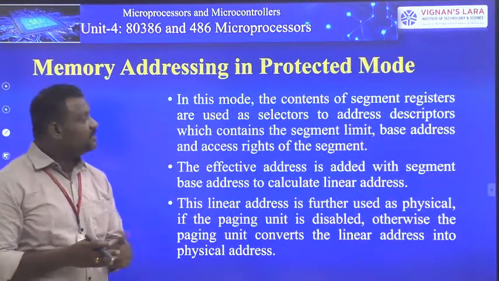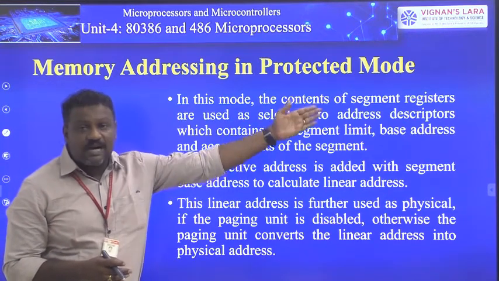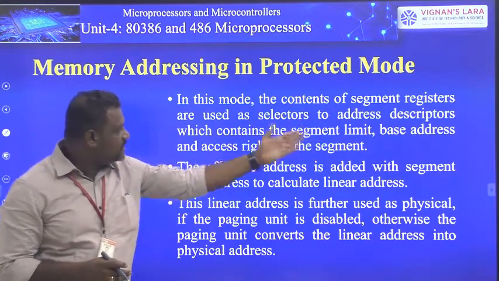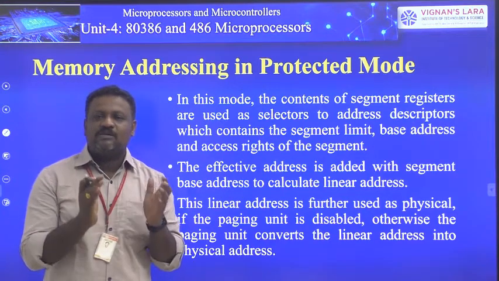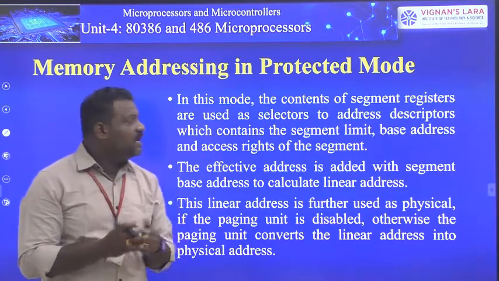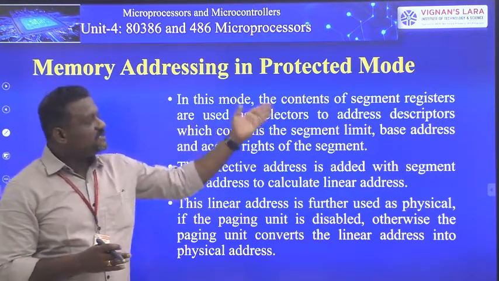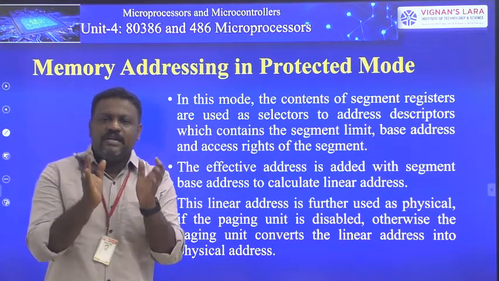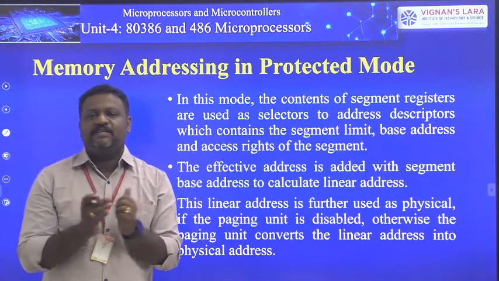Coming to the next point: in this mode, the contents of segment registers are used as selectors to address segment descriptors, which contain the segment limit, base address and access rights of segments. Each and every segment has its own descriptor, and that descriptor size is 72 bits.